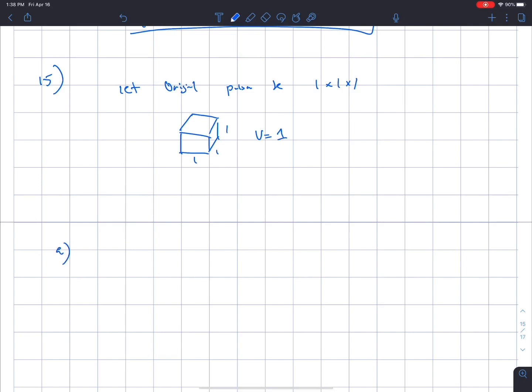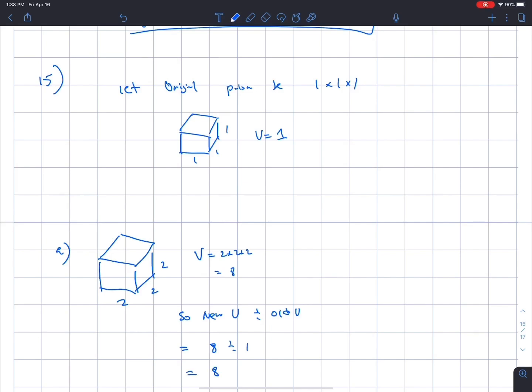In A, if you double each dimension, you get a 2, 2, 2. So the volume here is 2 times 2 times 2, which is 8. So you can use the new volume divided by the old volume. You get 8 divided by 1.